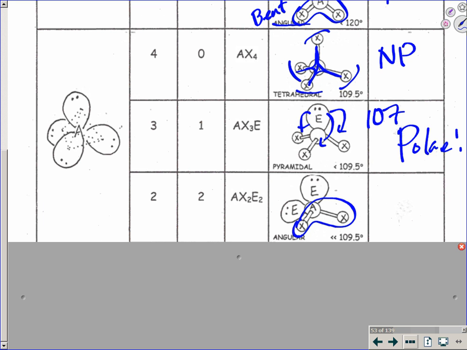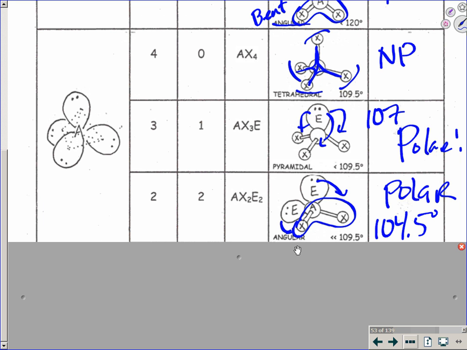And what would that polarity be? Definitely polar. And since we have more lone pairs, we have more repulsion. What's this bond angle? 104.5. So we've dropped down another 2.5 degrees.